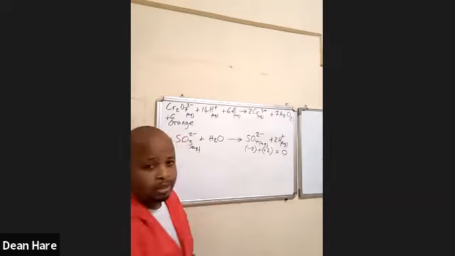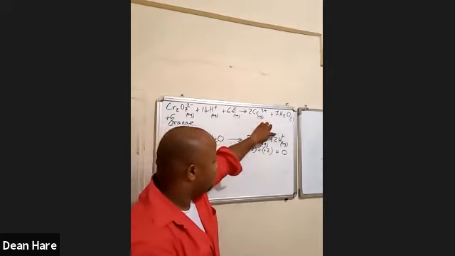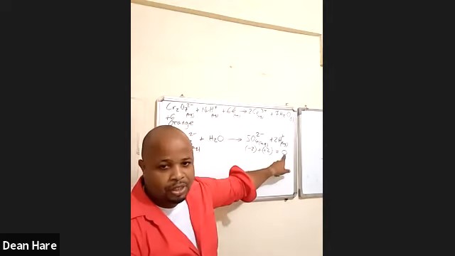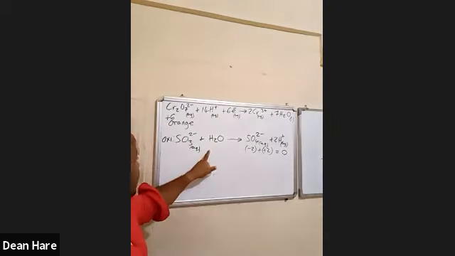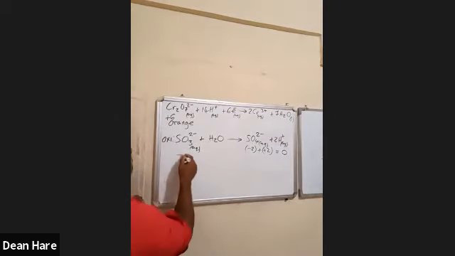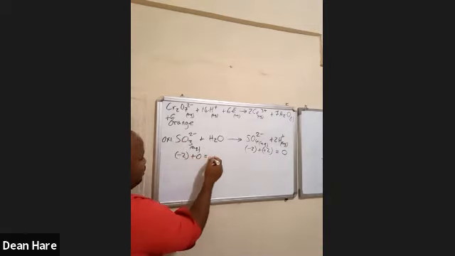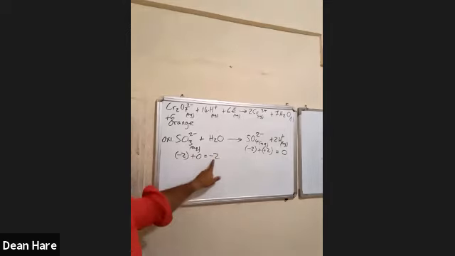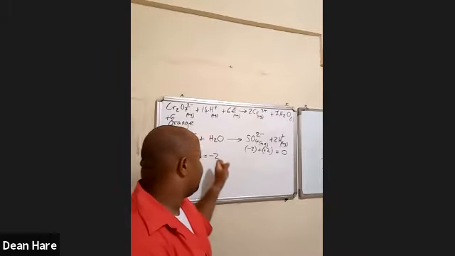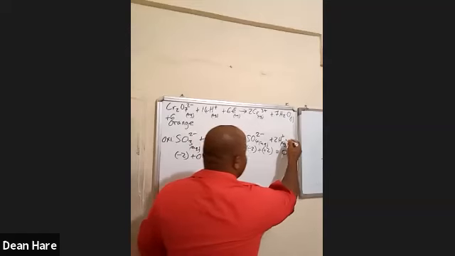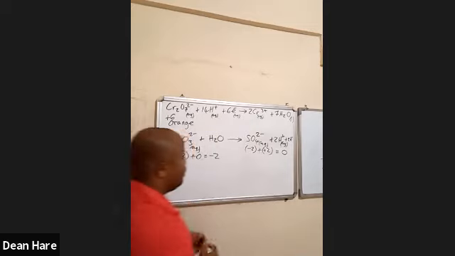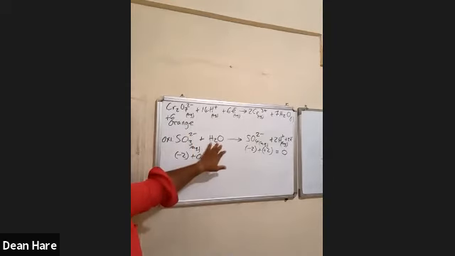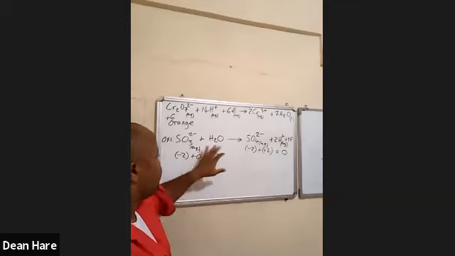So the overall charge is 0. On this side, we have -2 from the sulfite ion and 0 from water, so the overall charge is -2. So what should we add to this side to move it from 0 to -2? 2 electrons. That is correct. So we have just balanced our equation in terms of atoms and charge.